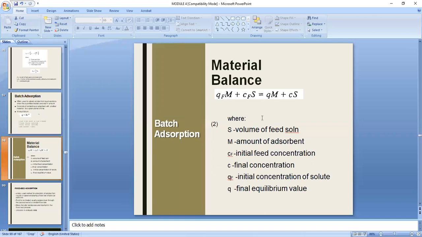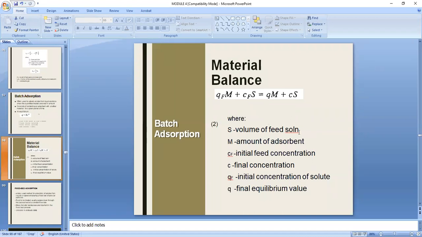Now, this material balance equation that I'm sharing with you is taken from Coulson. Kuplis has also its own material balance equation. So if you're comfortable with using that of Kuplis or McCabe, then do so. Or better, if you have one in the handbook, which you have already looked for, comparable to this.